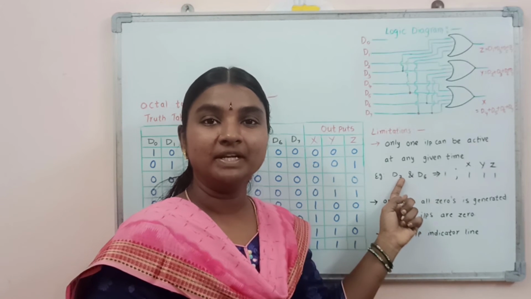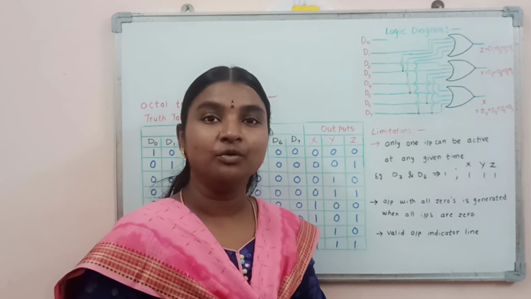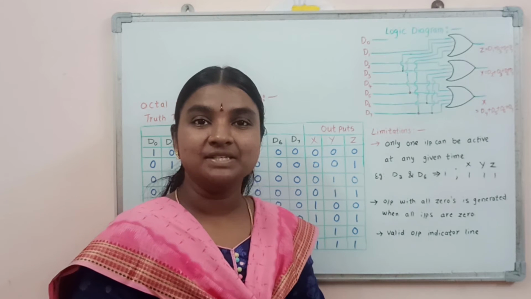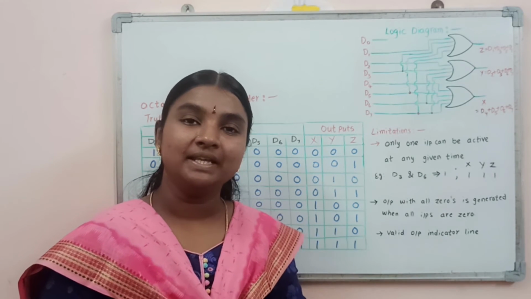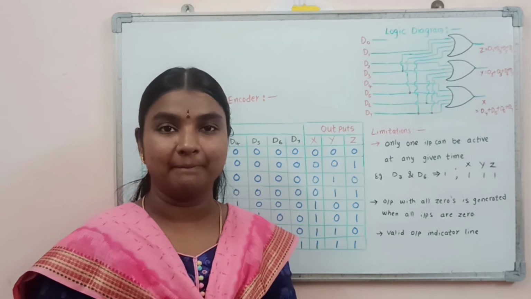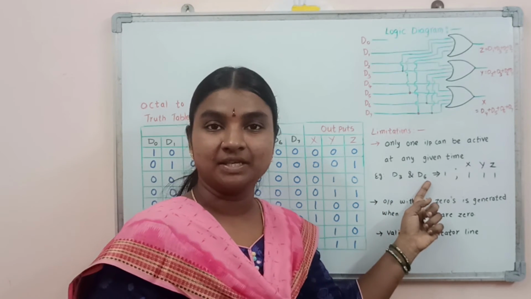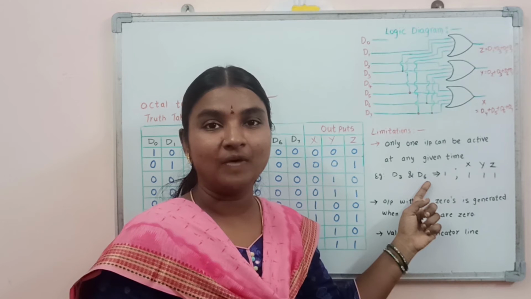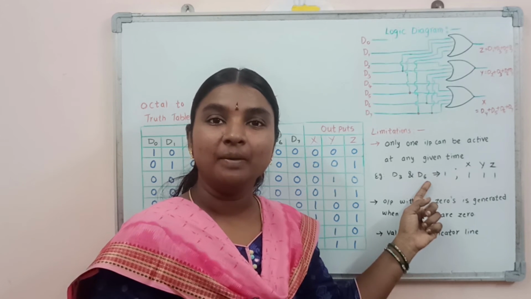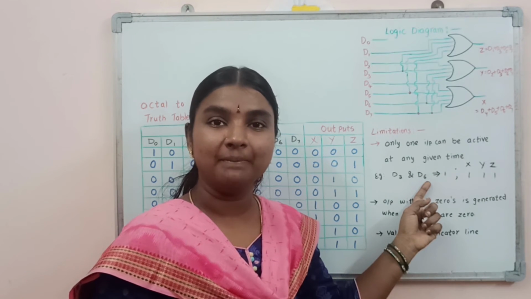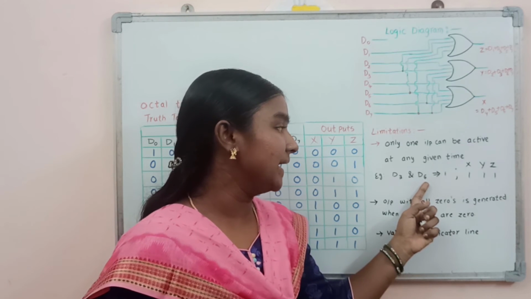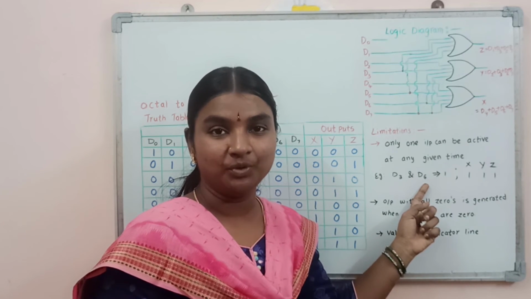So, to overcome that, we have to follow one procedure: we give priority to the higher subscript number. In this case, when D3 and D6 are both equal to 1, we give priority to the higher subscript number, that is, the D6 input line.